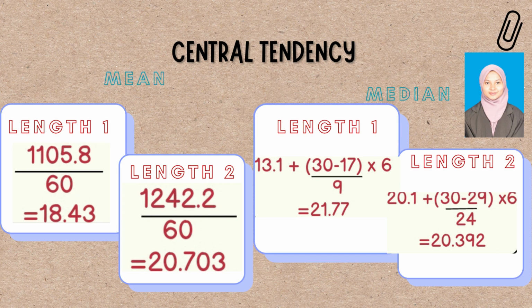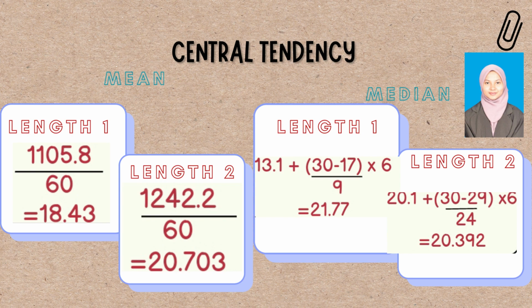And for the median, the formula is the lower limit of the median class plus the number of observations divided by 2 minus the cumulative frequency of the class preceding the median class, divided by the frequency of the median class, multiplied by the size of the class interval.